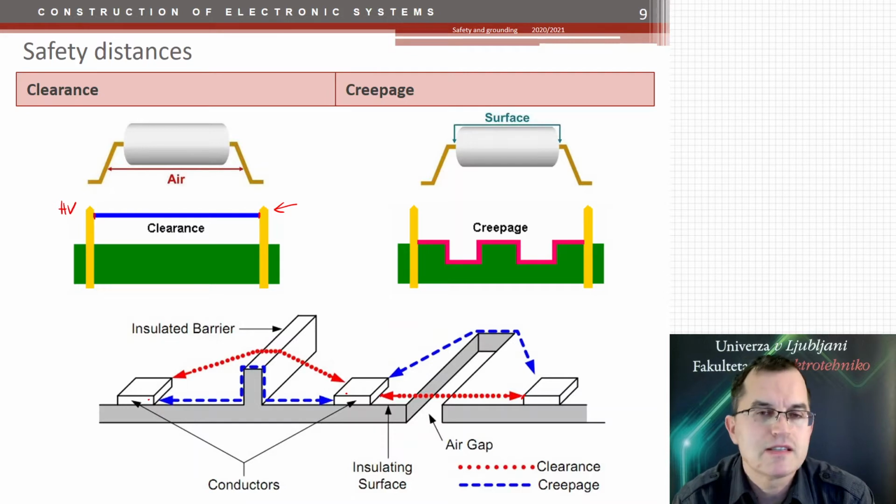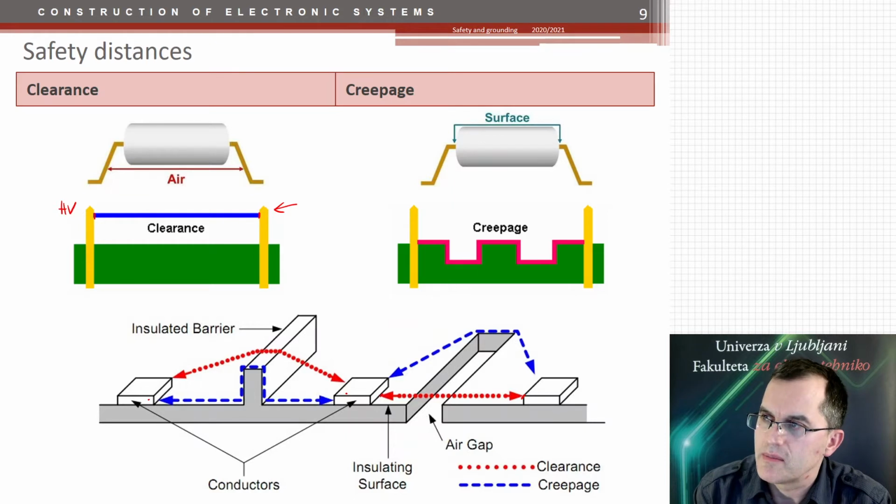The surface property would tell you how susceptible the surface is to creating conductive paths between two parts of your circuit. And we will go into a little bit of detail about that as well.